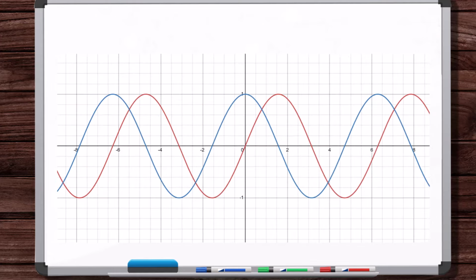Okay, so now you understand the properties of the sine and cosine function, and you understand what happens to these functions if you stretch or shrink them about the x or y axis or flip them about the x or y axis.